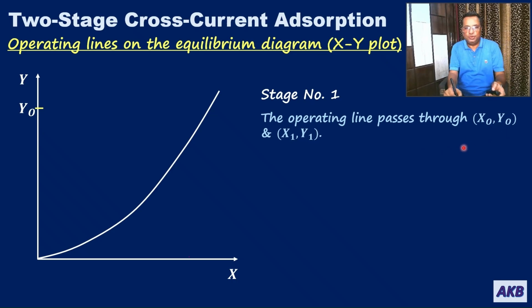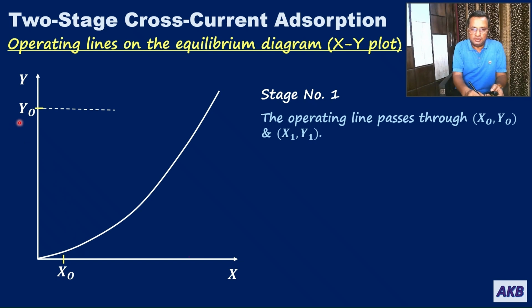Let us see how to locate that point. You locate capital Y0 on the y-axis and capital X0 on the x-axis, and you get point P. Point P has coordinates of X0, Y0. So this is the starting point for the operating line for the first stage.